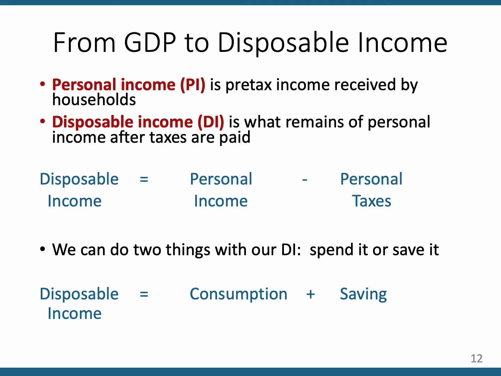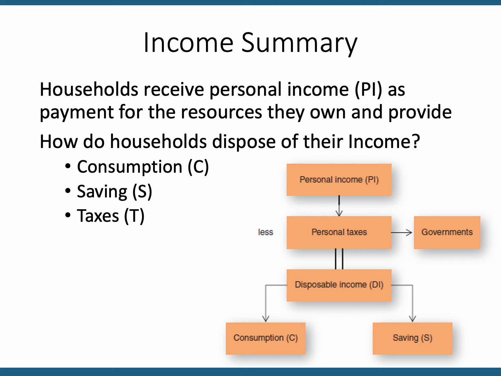That's everything you spend on consumption items, consumer goods and services. And then the remainder you save. And this is just a diagram which kind of shows you how this works. So you have personal income, you have personal taxes which go to governments, the remainder is disposable income, which is divided into consumption and savings.